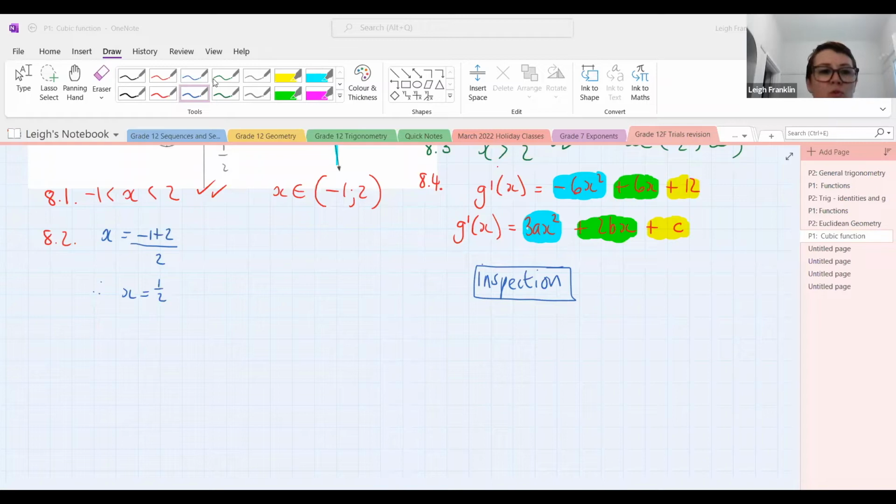So we can see over here we've got an x squared term, and here we've got an x squared term. So that means that 3a has to be equal to -6. We're equating the coefficients of the same terms. Now we divide the left by 3 and the right by 3, and a is going to end up being -2.